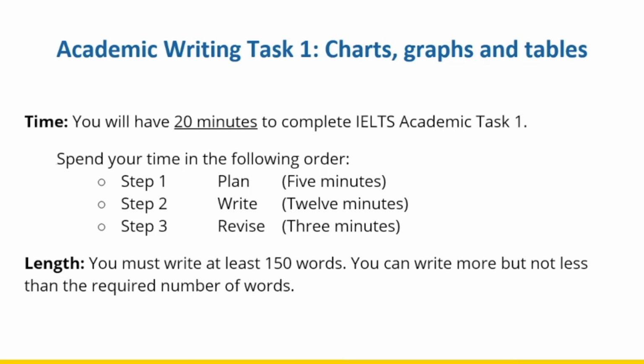And step 3, you should have at least 3 minutes to go back and revise your essay. Also remember that you have to write at least 150 words, and you definitely can write more words, but not less than that. So keep in mind, you have only 20 minutes and you need to write 150 words in the academic task 1.